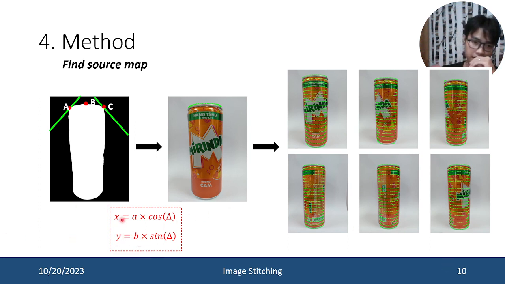As you can see here, x is a multiplied with cos delta. The delta we calculate from the formula in the previous slide, and by applying this equation, we got the mask that contains many points. And these points we will use to unwrap this cylindrical object here.